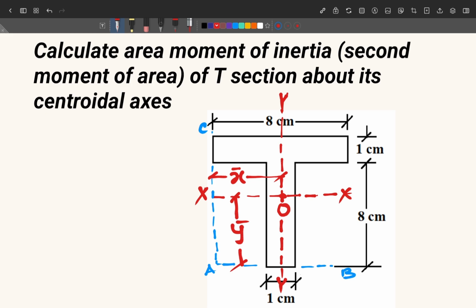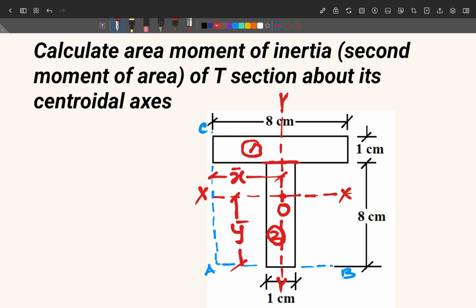But here we have a built-up section consisting of two rectangles. So first we should divide it into those standard shapes. We have one rectangle here and another rectangle here. There are two rectangles, one horizontal and one vertical.